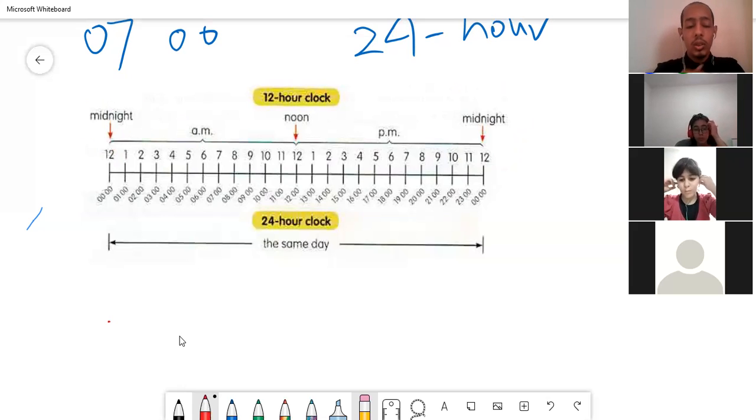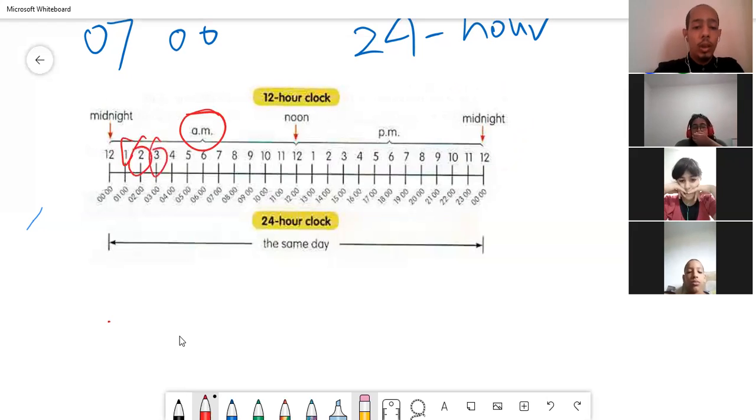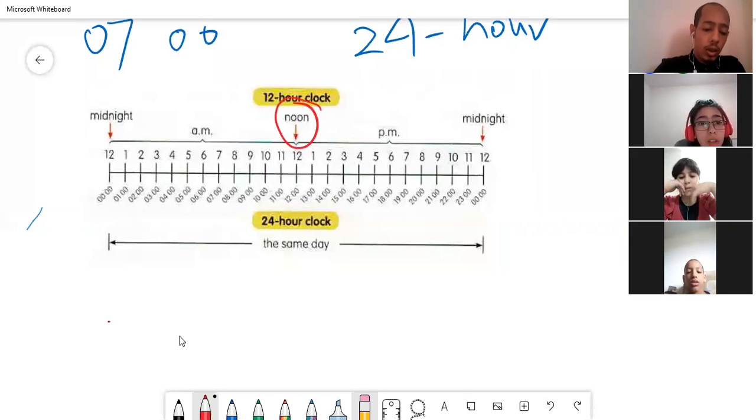We're still talking about a.m.: 1 a.m., 2 a.m., 3 a.m., 4, 5, 6, 7, 8, 9, 10, 11, until we reach the noon. You know the noon? The noon, when you have your lunch, this is called the noon, right?